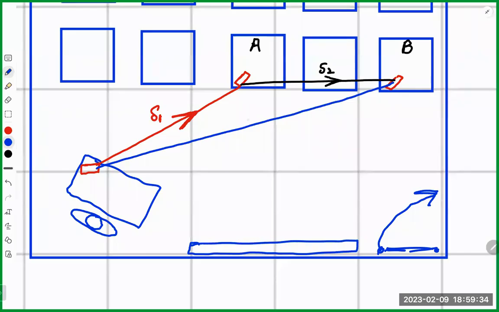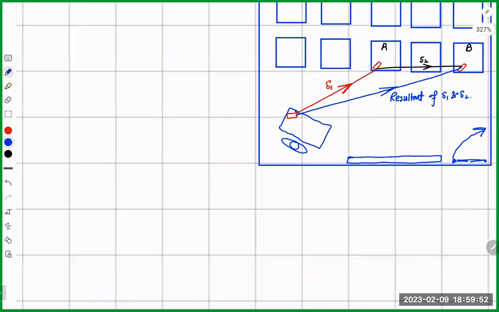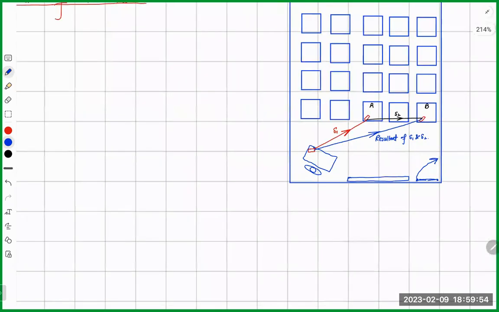So the displacement vector will be from my desk to B's desk. This is the resultant of S1 and S2. So for finding resultants of vectors, diagrams are very important. It is not only the number, it is also the direction that can affect the size of the resultant.